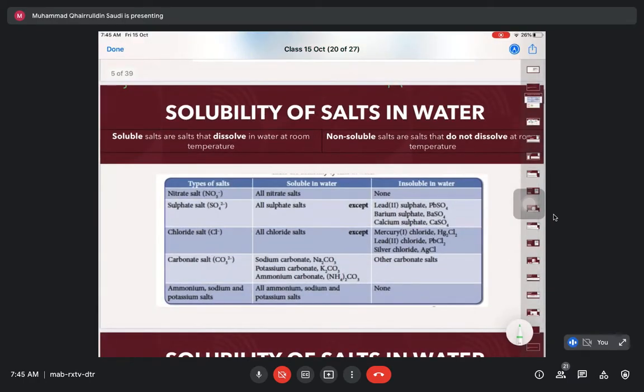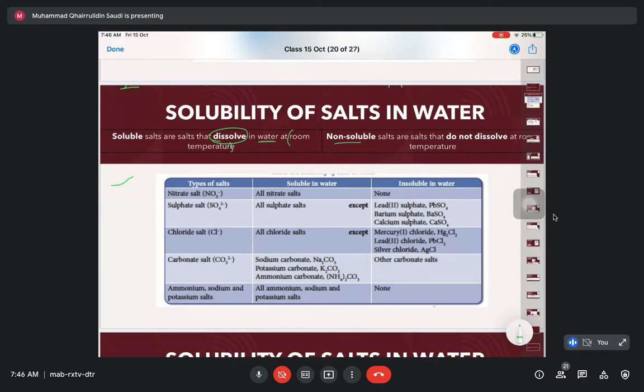So apa yang dimaksudkan dengan soluble salt? What are meant by soluble salt and what are meant by insoluble salt? Okay, so soluble salts are salts that dissolve in water at room temperature. Meaning kalau dekat room temperature, water tu at room temperature, kita letak salt and then they dissolve, itu they are considered as soluble salt.